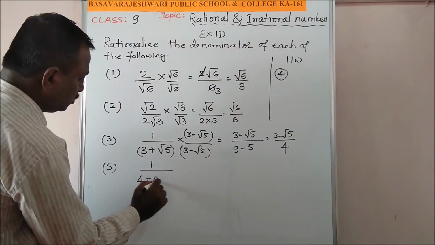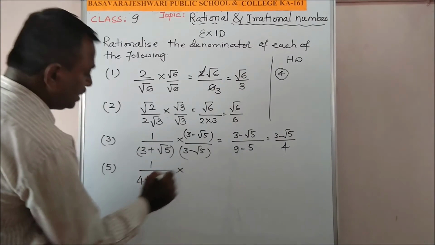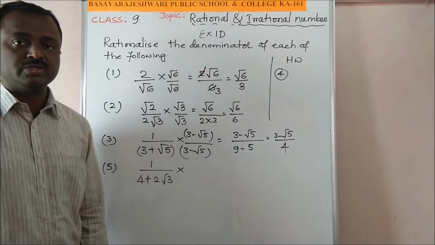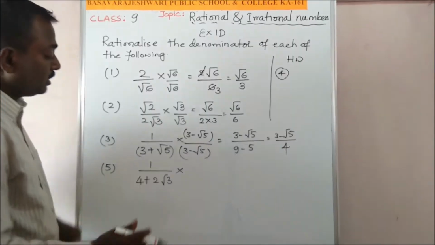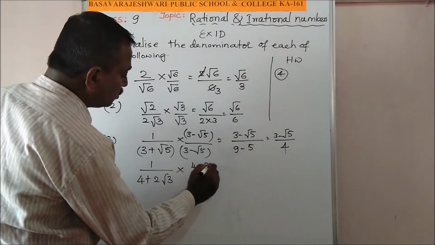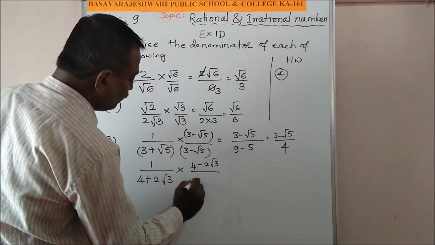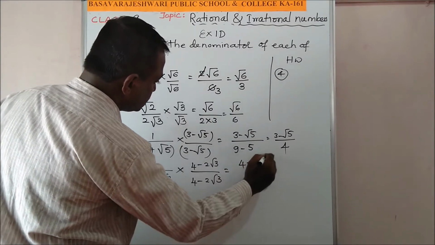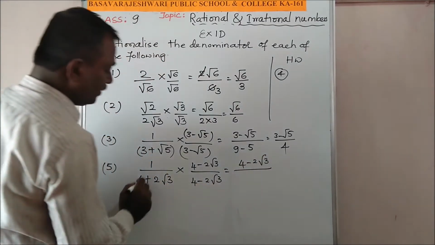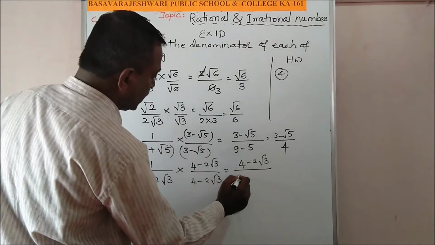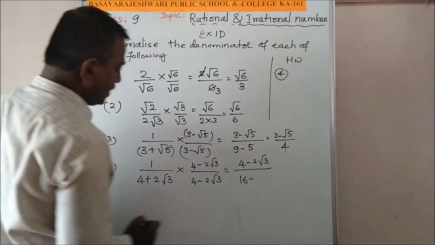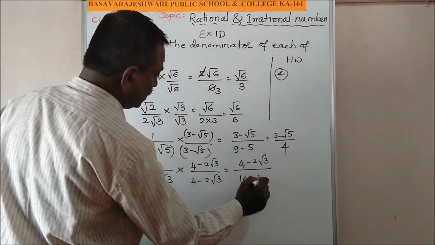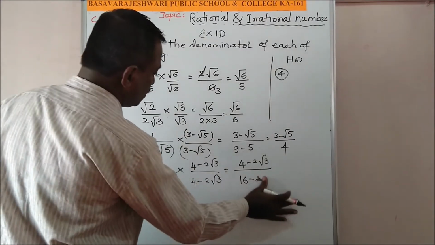4 plus 2 root 3. So what is the rationalizing factor of 4 plus 2 root 3? It is 4 minus 2 root 3 by 4 minus 2 root 3. So what remains? 4 minus 2 root 3 divided by a plus b into a minus b, a square, that is 16, minus 2 square, 4 into 3, that is 12.